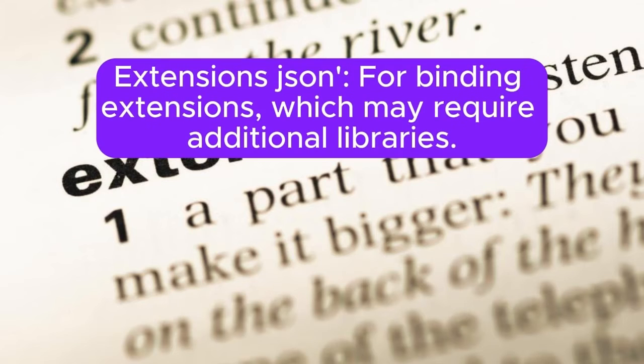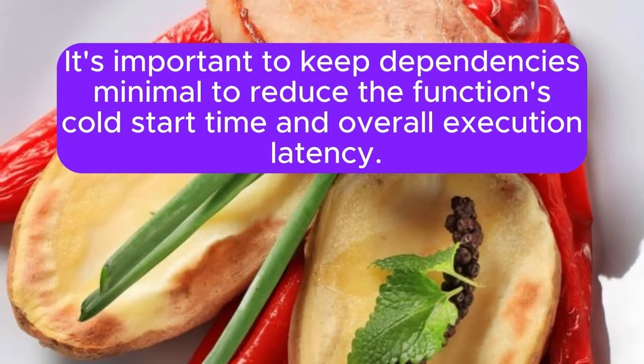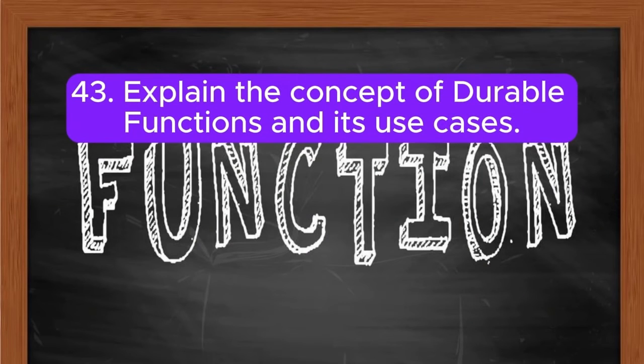C. extensions.json for binding extensions, which may require additional libraries. It's important to keep dependencies minimal to reduce the function's cold start time and overall execution latency. 43. Explain the concept of Durable Functions and its use cases.